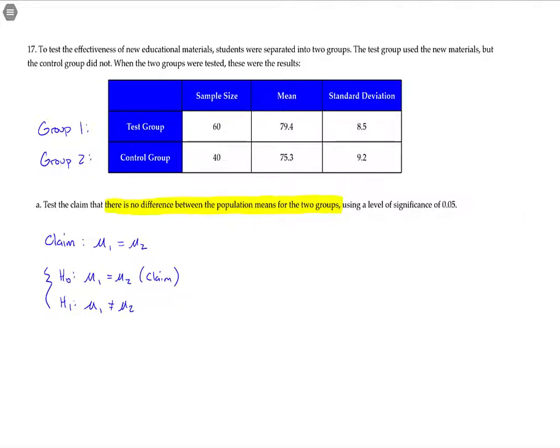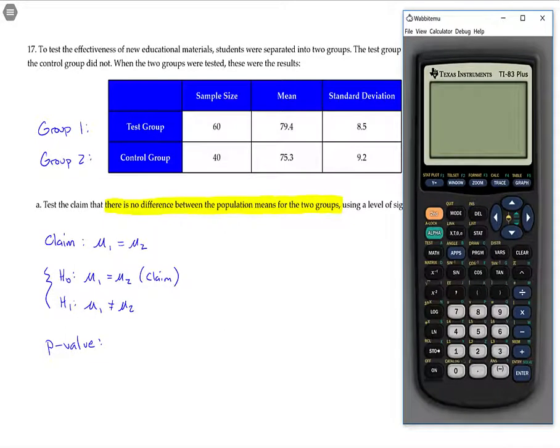So next up, we need to find a p-value. So the p-value in this situation, we'll need to get the calculator out for it. If we go to the stat menu and over to tests, we'll find the different types of hypothesis tests that can be performed.